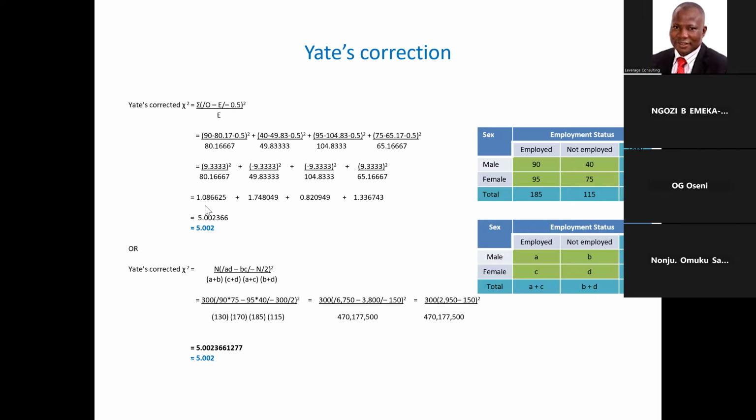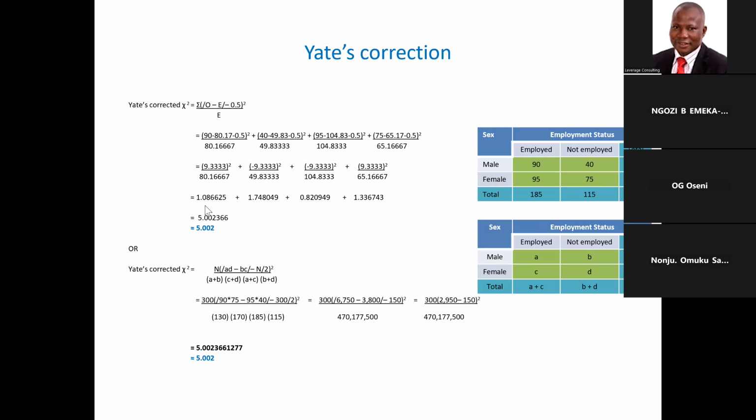Maybe when you calculate your chi-square, it's just 3.84. If you do the Yates correction, it will be lower. It will be almost significant. The uncorrected one will be significant. The Yates-corrected one will not be significant.